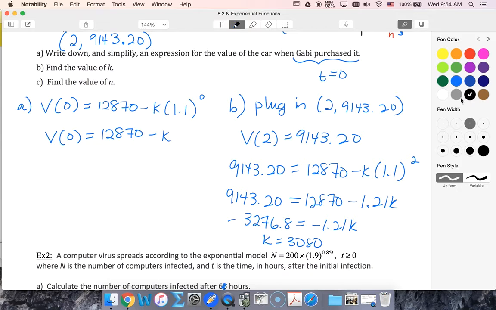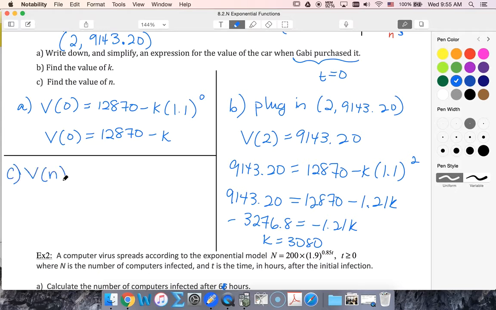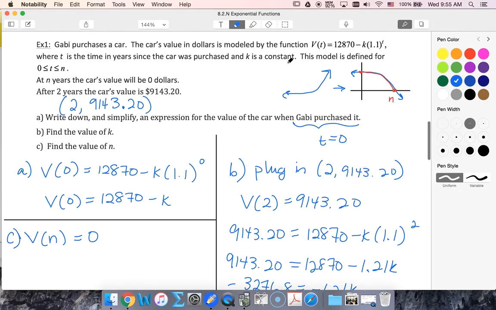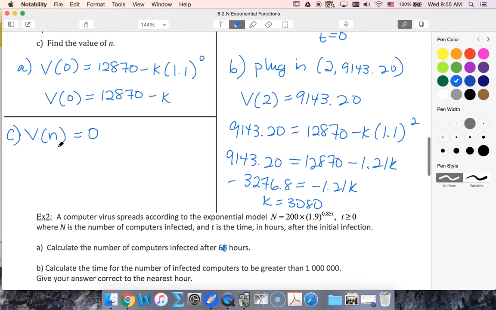Now for my value of n, I know that n is when my value of the car is 0. So my value at year n is going to be 0. I want to find n, so I'm going to plug back into my original equation up here and plug in my k.